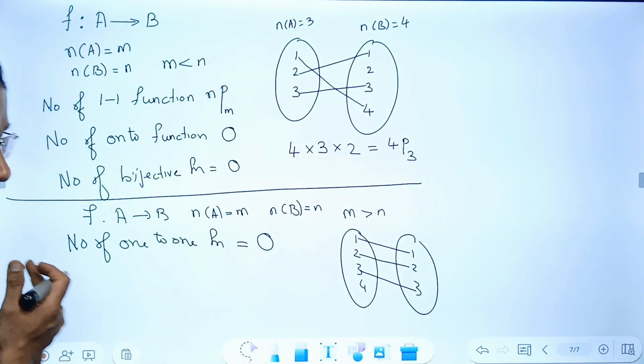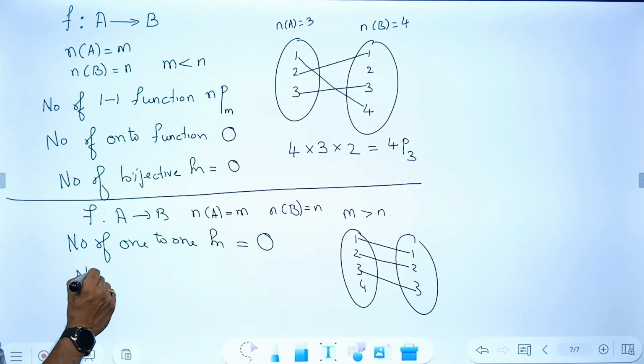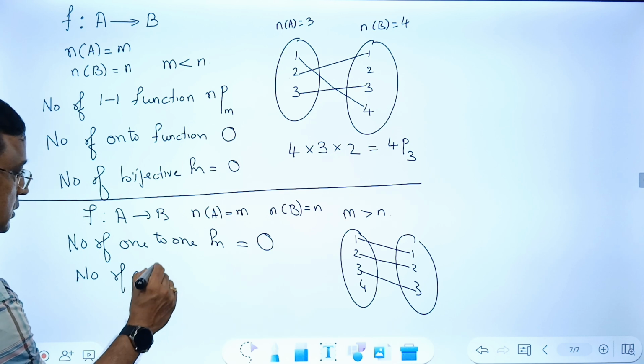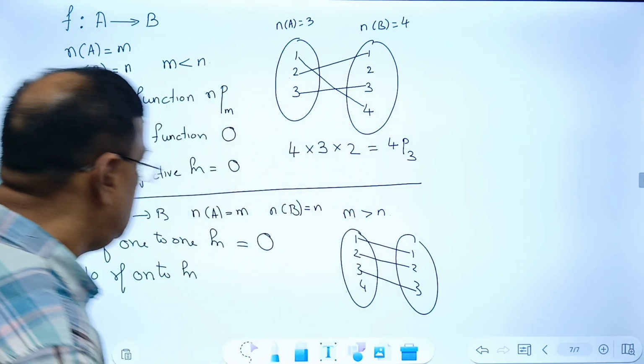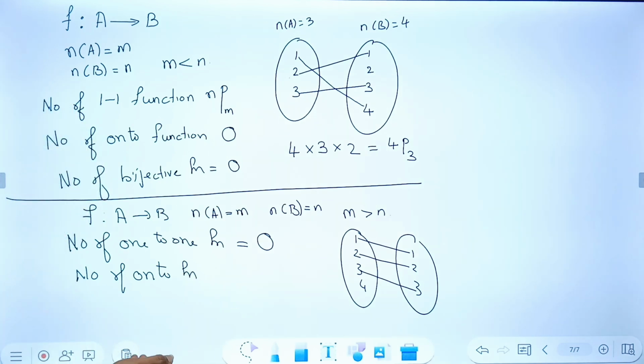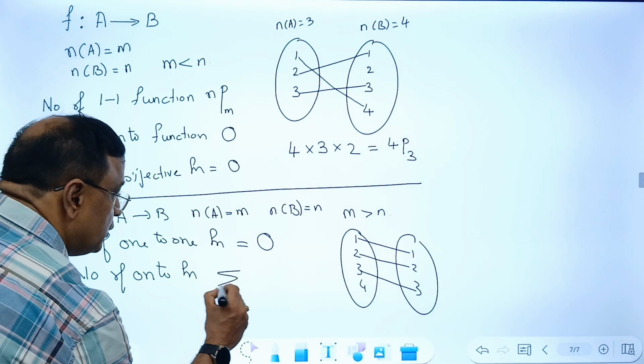So what will be the number of onto functions? It's difficult to do, but there is a formula. I'll give you the formula, in case they ask. They may not ask you, but in case they ask, you can use it.